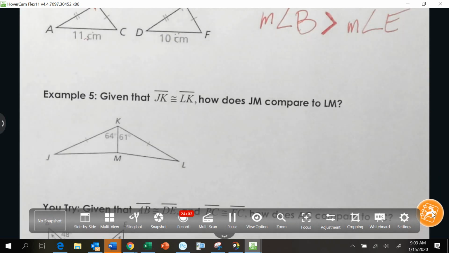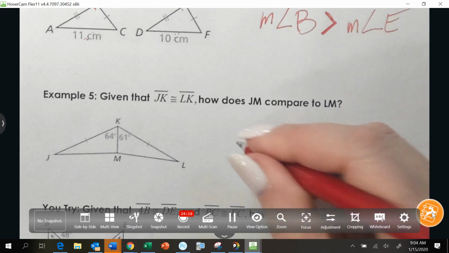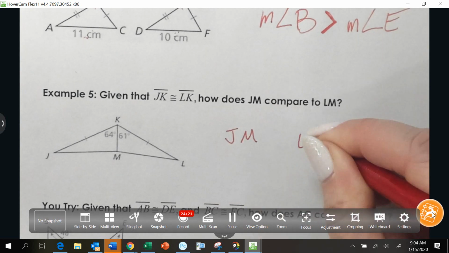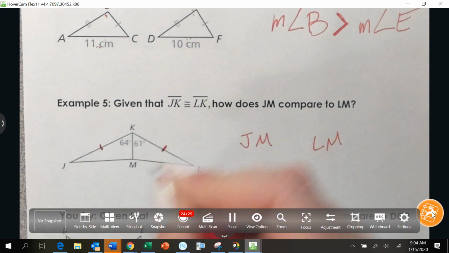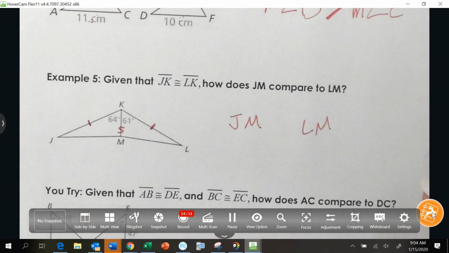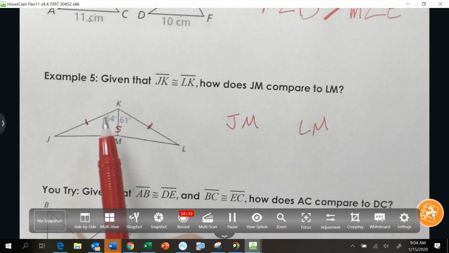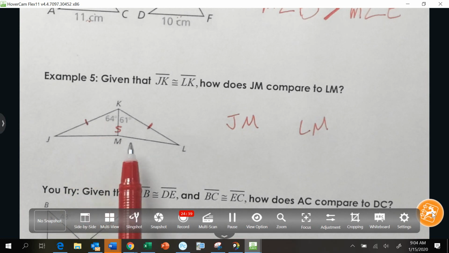Given that JK is congruent to LK, how does JM compare to LM? JM compared to LM. So we've got two sides congruent, and we know the angles that are included between those sides, so we're just going to determine about JM and LM.